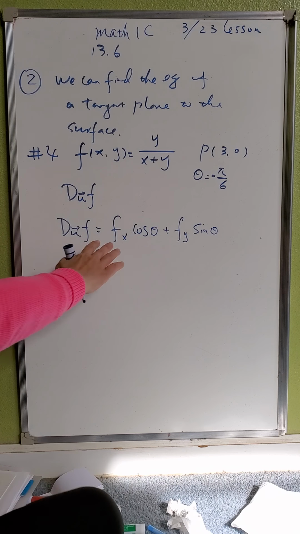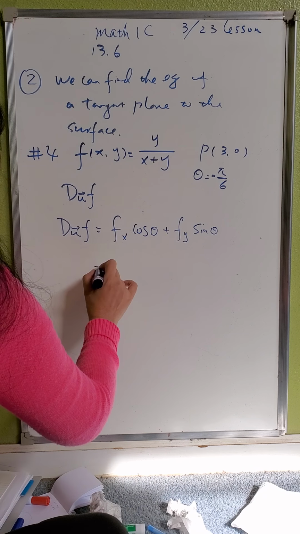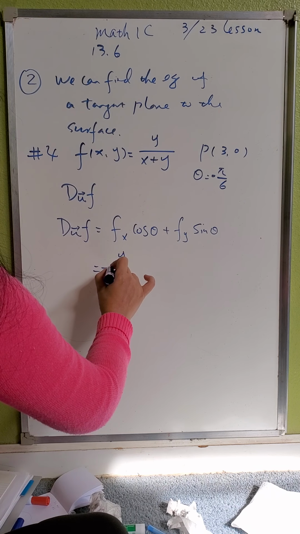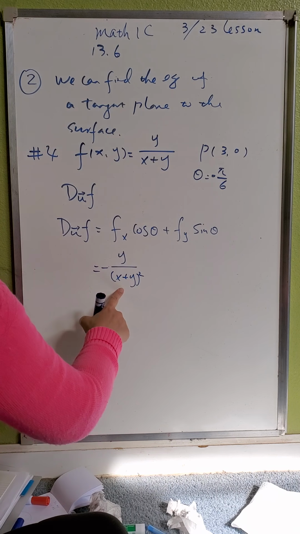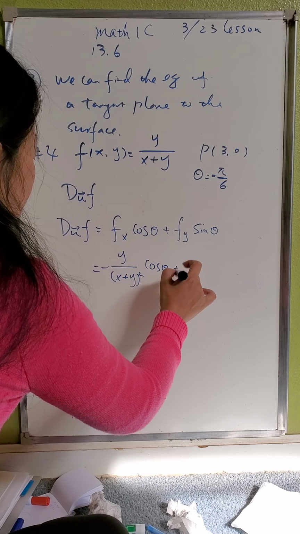So we need to find the partial for x first, okay? The partial for x is equal to negative y over (x plus y) squared, and by the chain rule the derivative of x is just 1, and cosine theta.